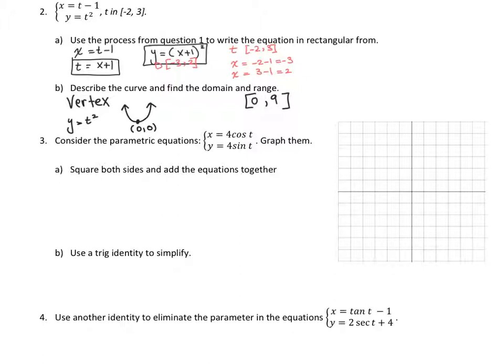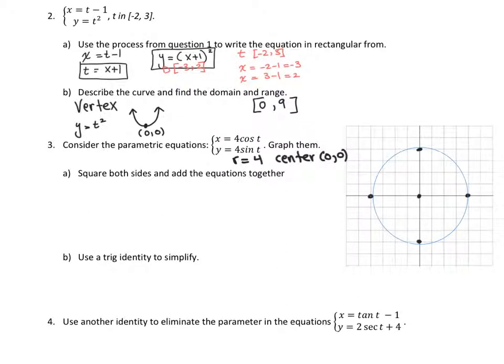Knowing that the radius is 4, since r is equal to 4, and there's nothing being added over here or here, the center is 0, 0. So I can start from 0, 0, label the radius, and there you go, that's my circle.